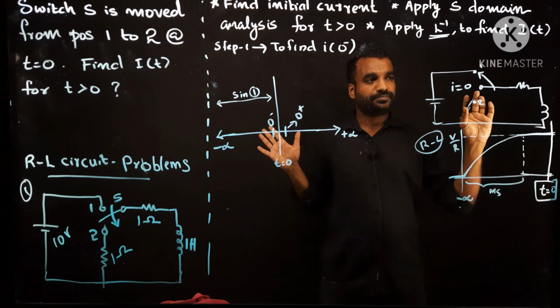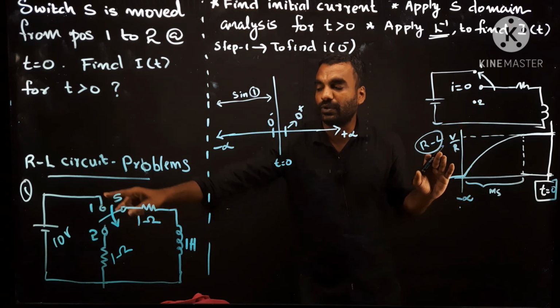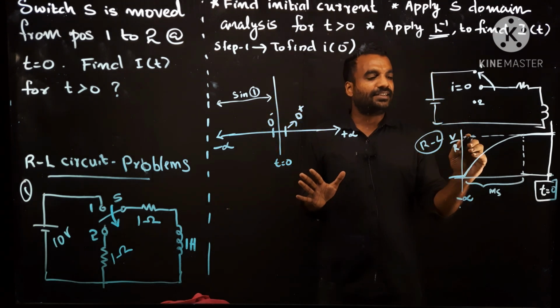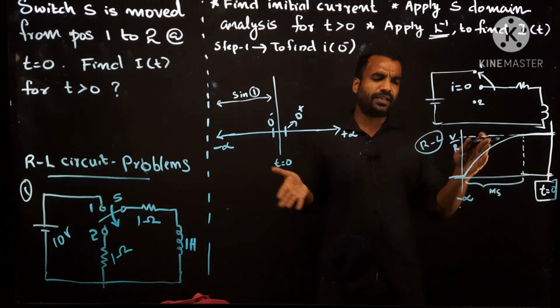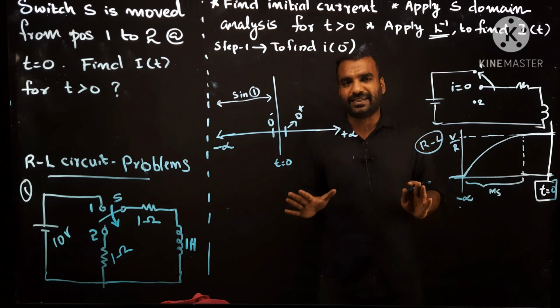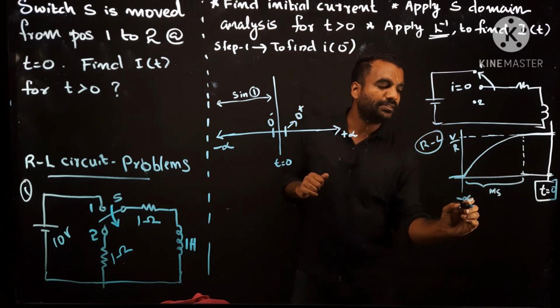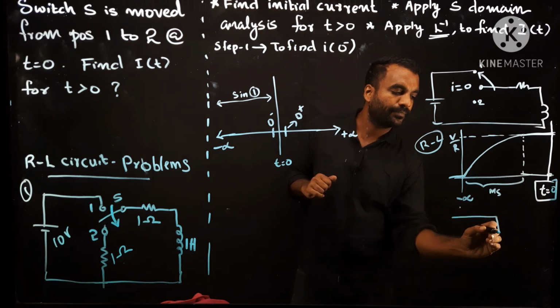Whatever it may be, if the inductor is initially connected to a voltage source, it will attain its steady state. The steady state current value is V by R. We will check that V by R in the problem. Anyhow, it will be in steady state. That is sure.